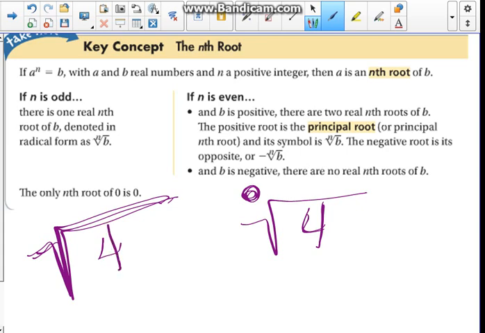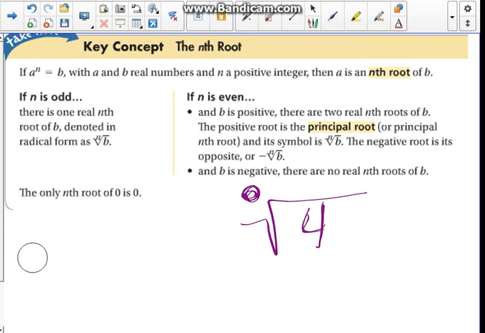And what is right here, like if I wanted a cube root, is called our index. If there's no index, it's just assumed to be 2, as in this case. So if we've got an index of 2, and our radicand is positive, a 4, we know our answer is positive or negative 2, with 2 being our principal square root.